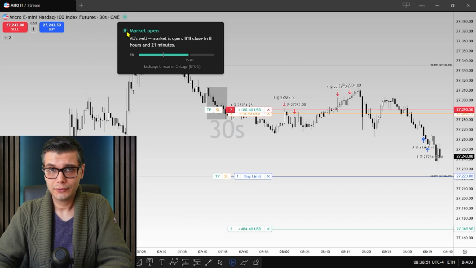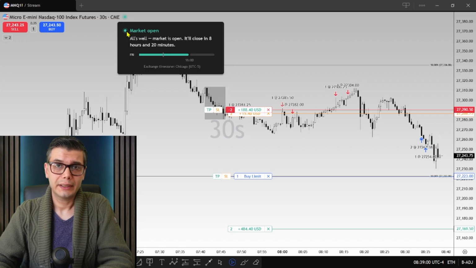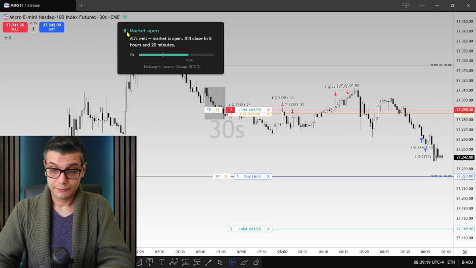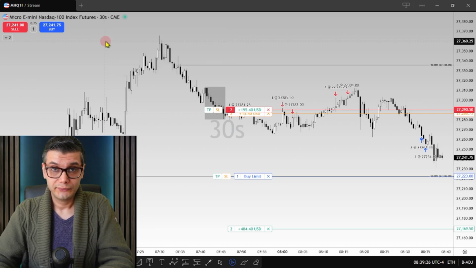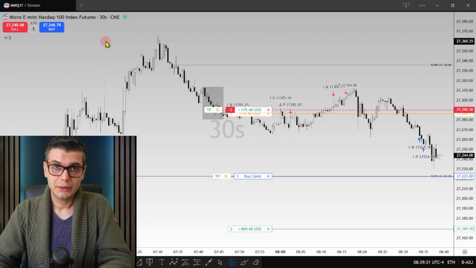As I mentioned before, ICT or price action, even using indicators, are nowhere near as successful as a trader can be by using an order flow platform and volume profile, especially the cumulative volume delta. It's a very useful indicator. But since it costs a lot of money, something around $150 to $200 a month, I decided to have a series with free tools.